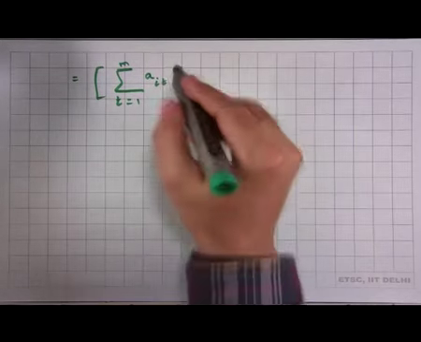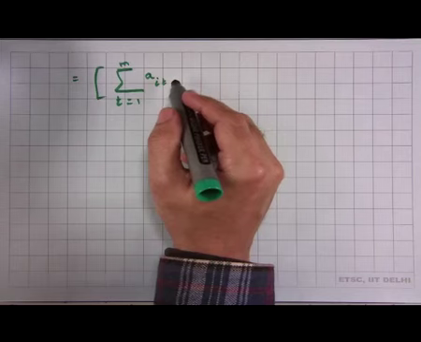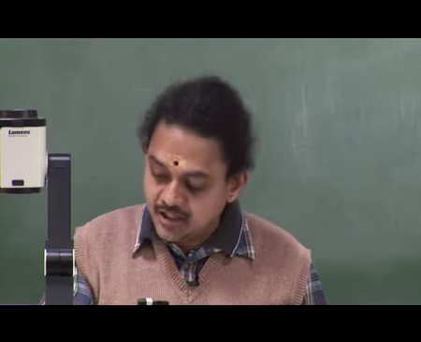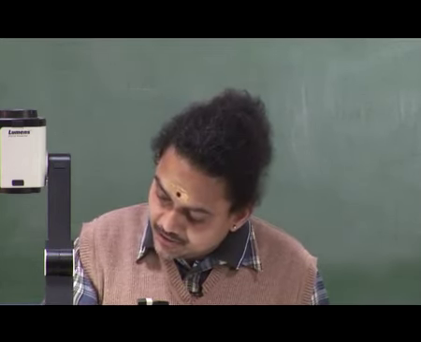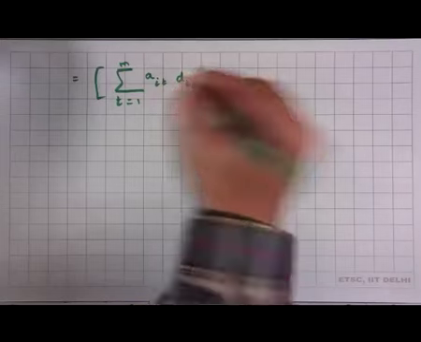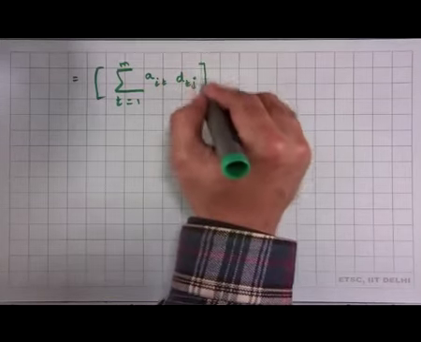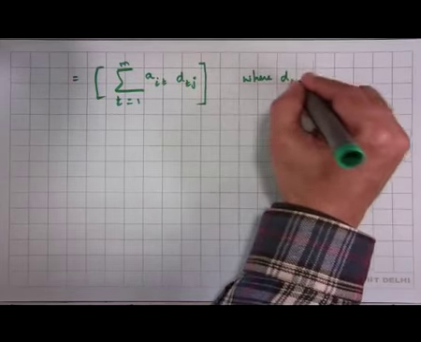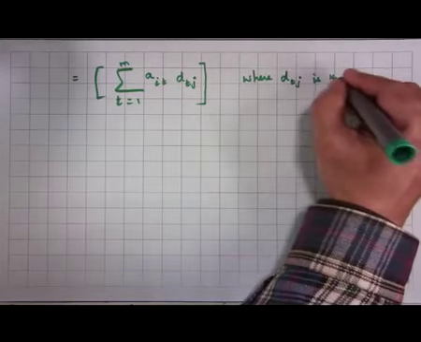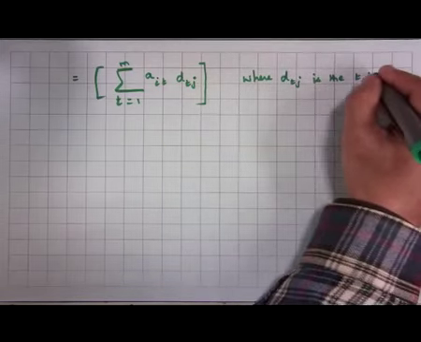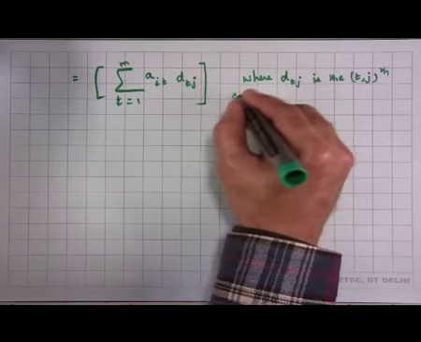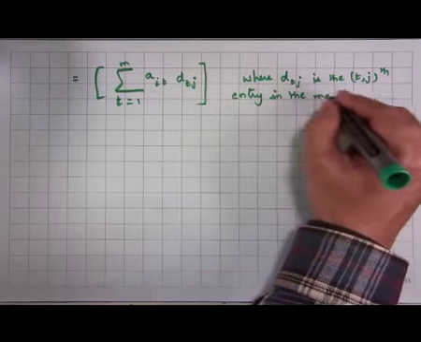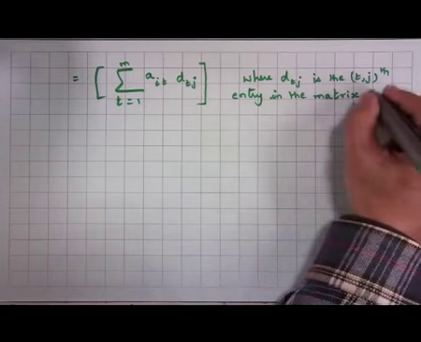If I call the product of B and C the matrix D with entries d_ij, what I needed is d_tj. This is the ijth element I wanted, where d_tj is the tjth entry in the matrix B dot C.